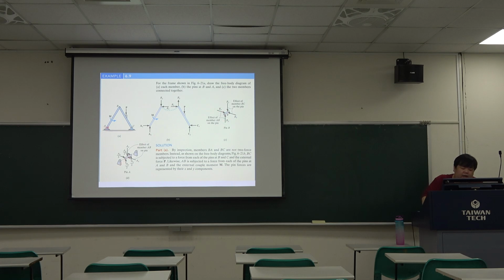At the pin support A, we have the reactions AY and AX, but the pin also has this part and this part, and each has two direction reactions. The value is just AY divided by 2. Each part has the force. So I think it is very easy to draw a free body diagram.